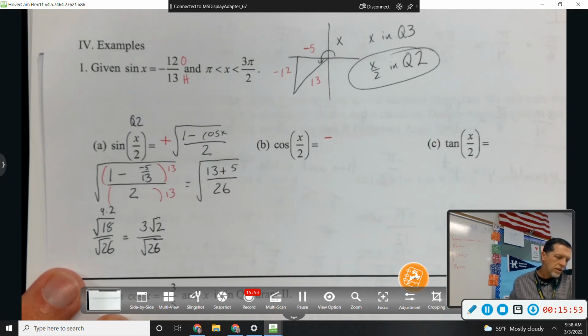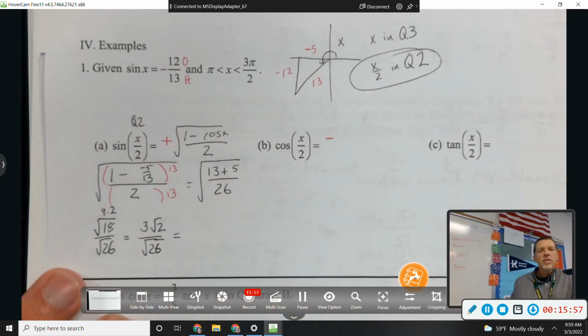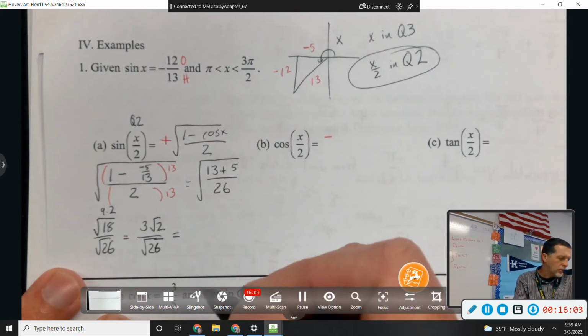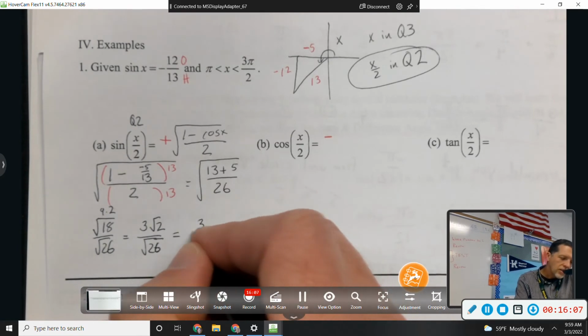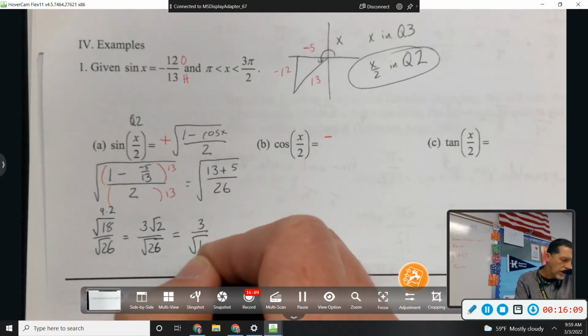Wait a minute. Yeah, this will work. I could have reduced first. Like the 18 and the 26 will reduce. The 2 and the 26 will now reduce. So either way. So 3 over square root of 13.